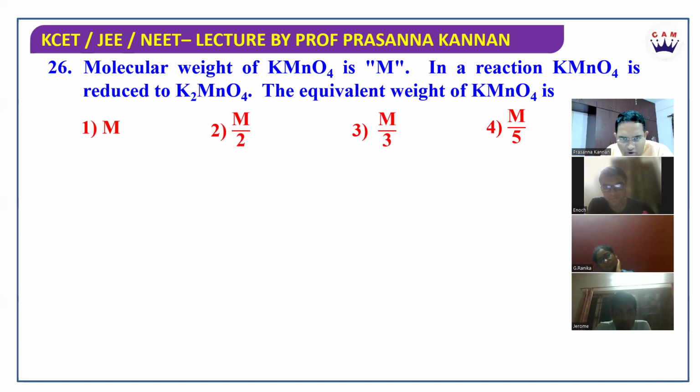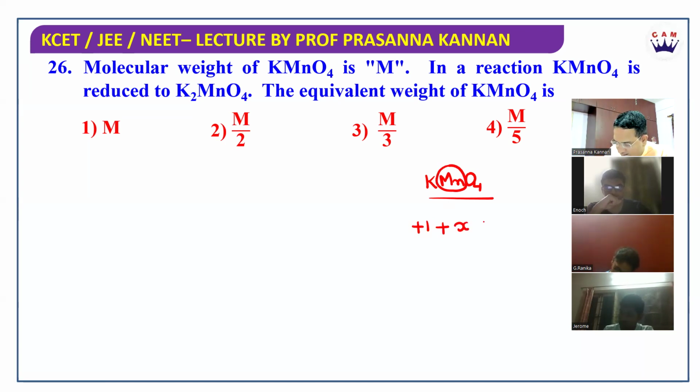Okay. So I'll tell you how to do this, students. Please make a note. You see what is the charge of the manganese ion here? You know how to find the charge of the manganese ion, right? When I say KMnO4, observe this carefully. What is the charge on potassium? It is always +1. What is the charge on manganese? You don't know, let's say it is X. What is the charge on oxygen? -2, correct?